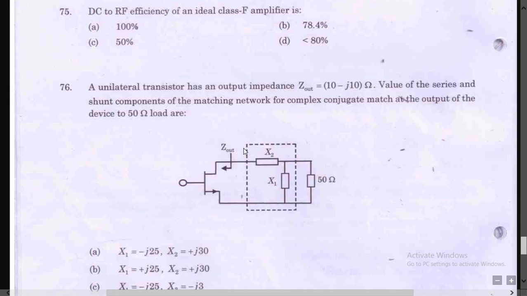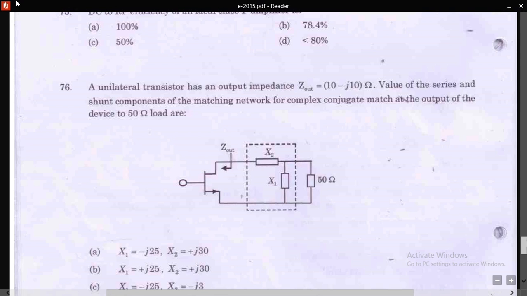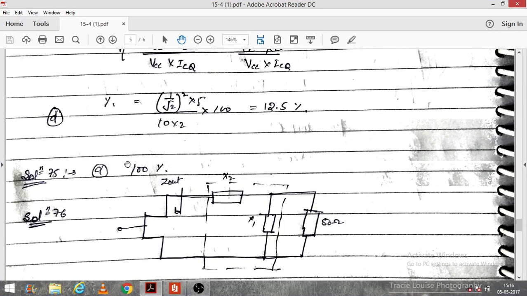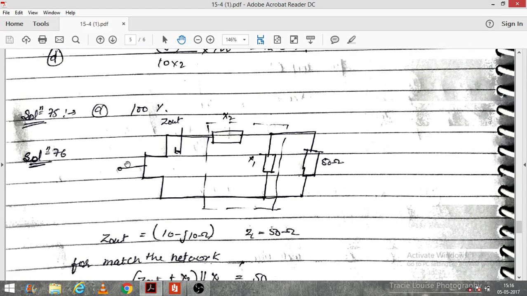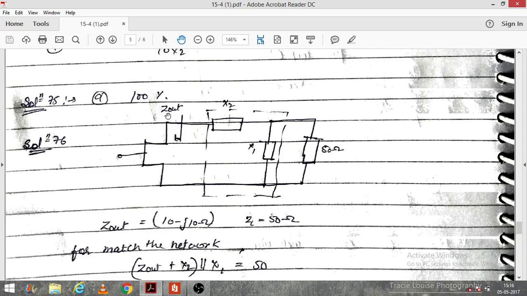So actually this Z out is in series with x2 and parallel with x1, so that will be equal to the load resistance.